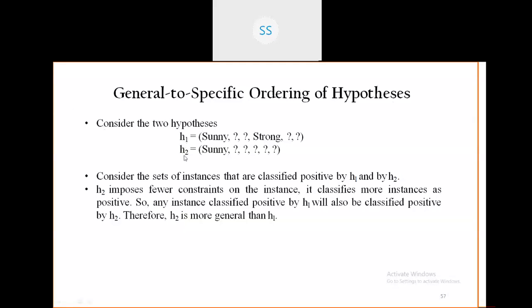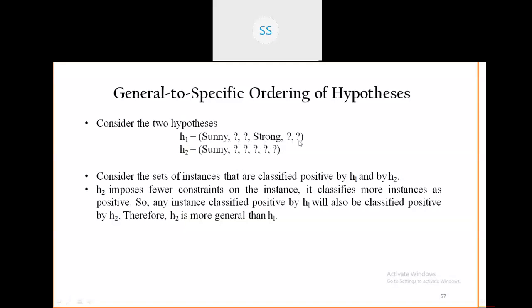So consider the 2 hypotheses, H1 and H2. Both of them are more generic hypotheses. Why is it called a more generic hypothesis? Look at this one. Only the first attribute is specific, and the remaining 2 are generic.